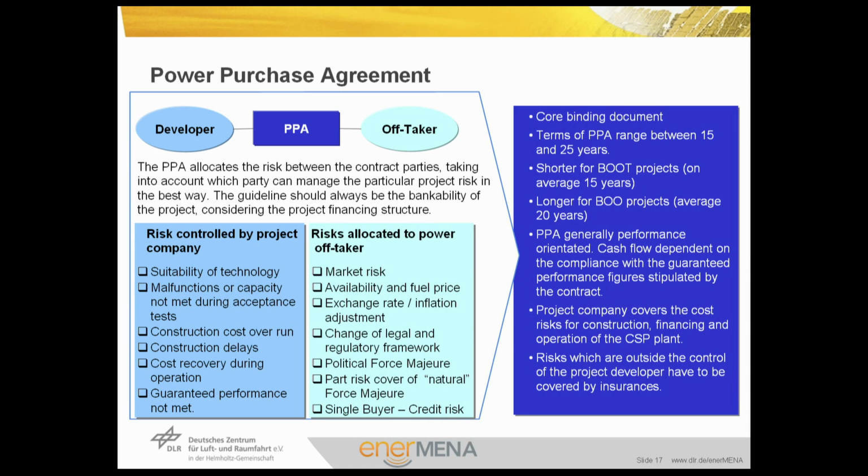The PPA allocates the risk between the contract parties, taking into account which party can manage the particular project risk in the best way. Normally, developers or bidders have a very precise understanding of how a power plant should be operated. For example, they have an EPC that should be very experienced.